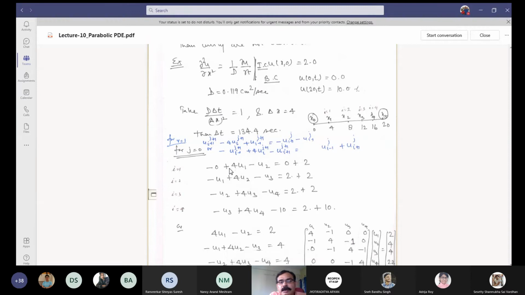So for j equal to this, you get minus 4u1 minus u2, and here you put, instead of 0, 1. Or you first write down this value will be your u00 plus u20. That is your initial condition. So initial condition is fixed, that is 2.